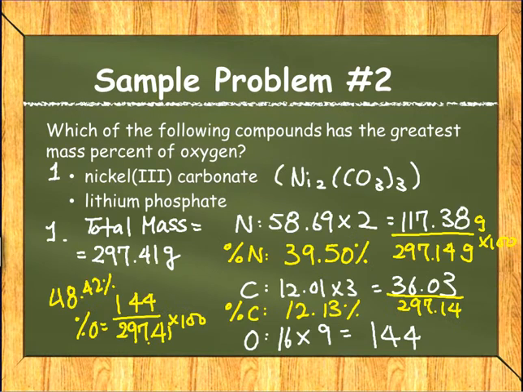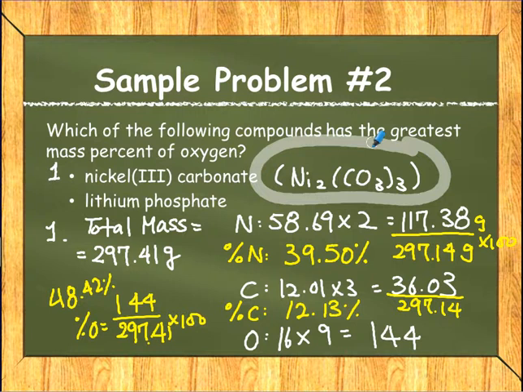Let's read over this. So, first thing I do is I have to find the total mass, which is what I did. So I'm starting out by writing down the equation. And we did that. Okay, carbonate has 2 minus charge. Nickel has positive 3 charge.